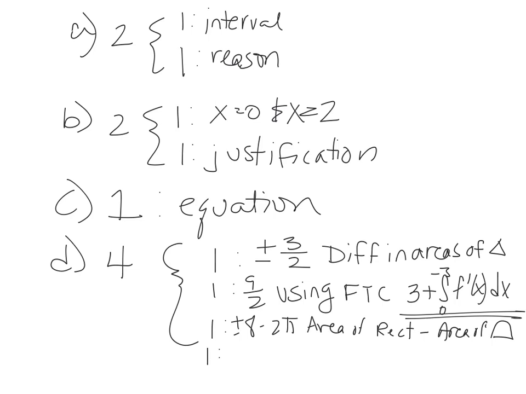And then you get 1 point for giving the f of 4 was -5 plus 2 pi using the FTC, Fundamental Theorem of Calculus, meaning you had to have 3 plus the integral from 0 to 4 of f prime of x dx. That's the Fundamental Theorem of Calculus. We had a note card that was for new y value. That's actually what they're referencing there.